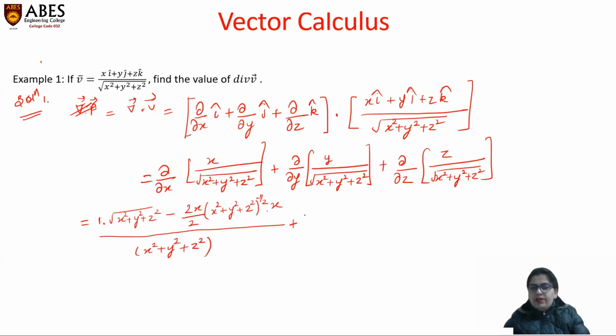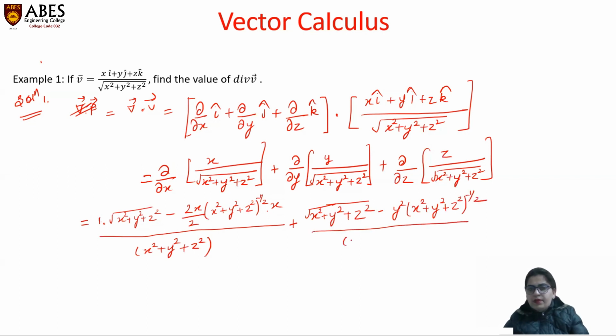Similarly, we'll be calculating it for the case of the y component. It will be this minus y square times x square plus y square plus z square raised to power minus half, whole upon x square plus y square plus z square.